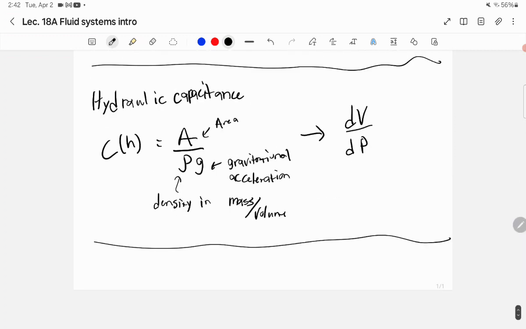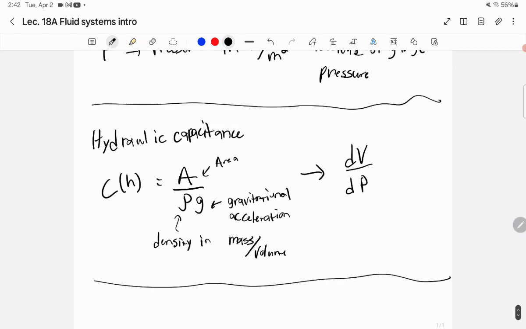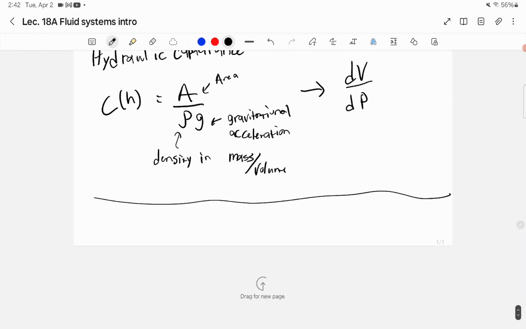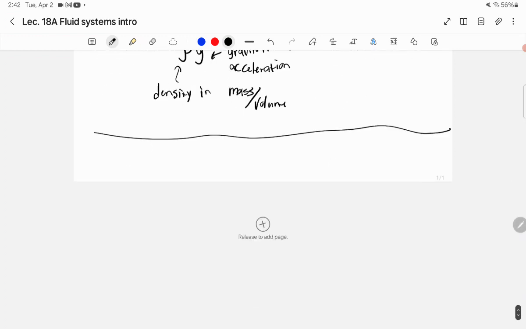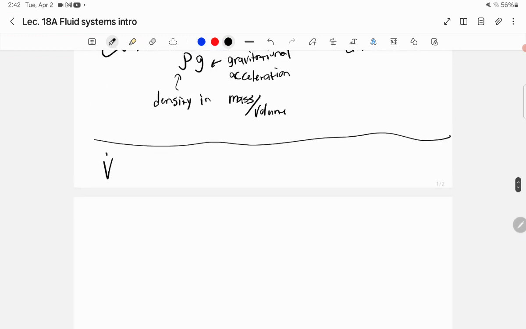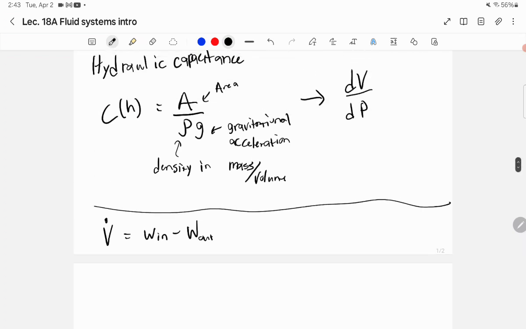And then some of the other variables that we're going to be looking at a lot will be the time change, so V dot. Well, that's going to be equal to the flow rate in minus the flow rate out. And remember, this also might be written as Q in and Q out, right?